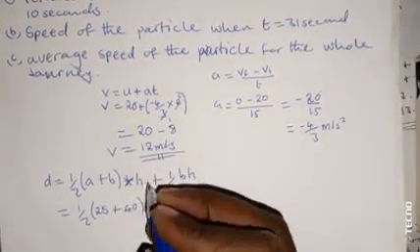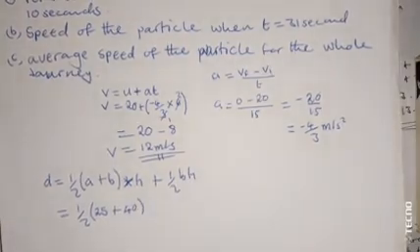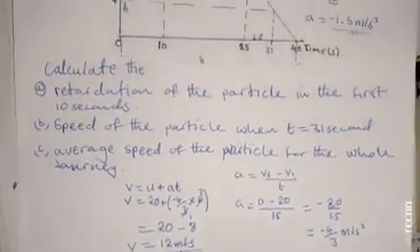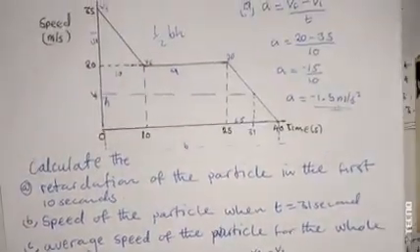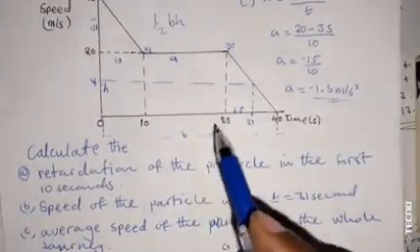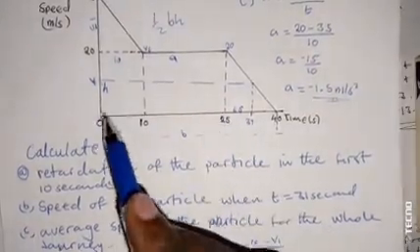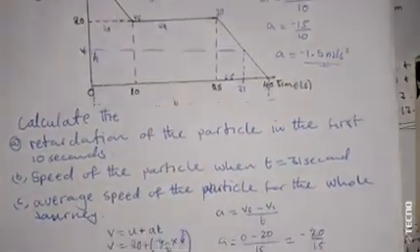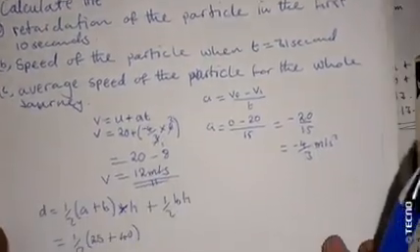I close. Then my height h at this point is from 0 up to this side, which is 20.